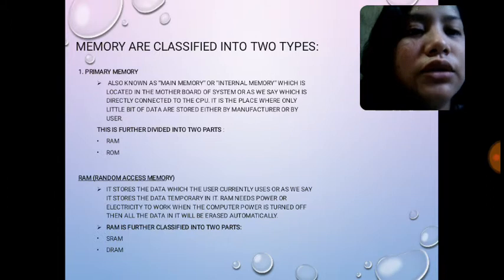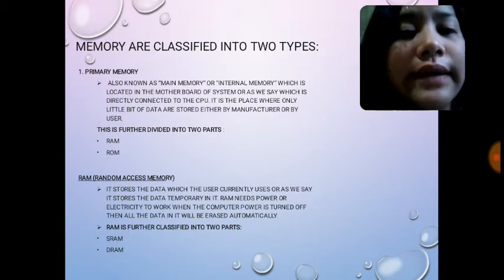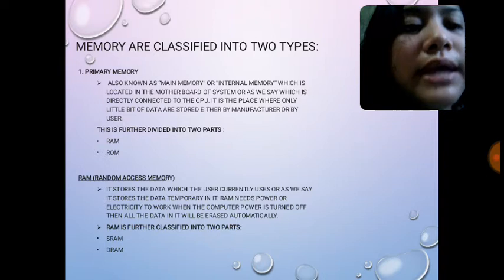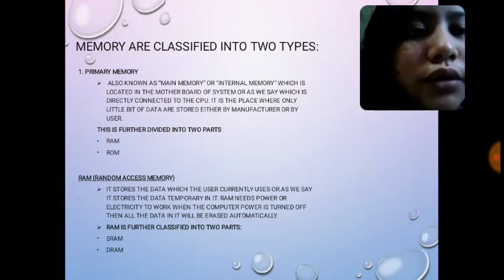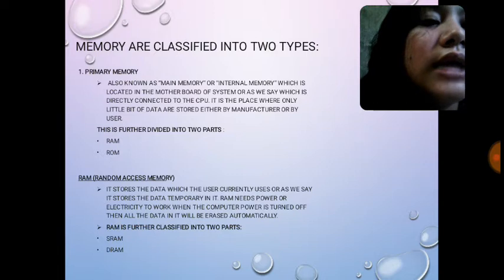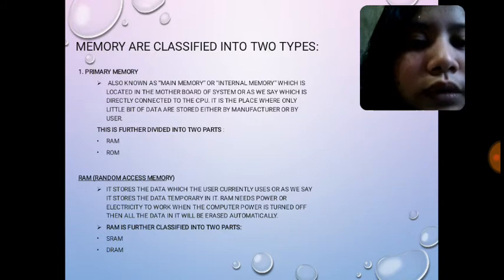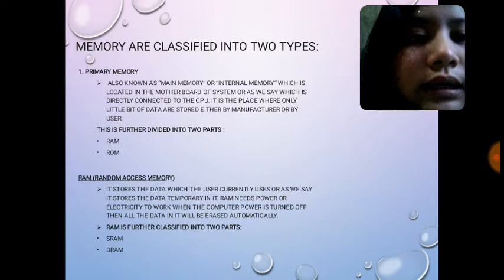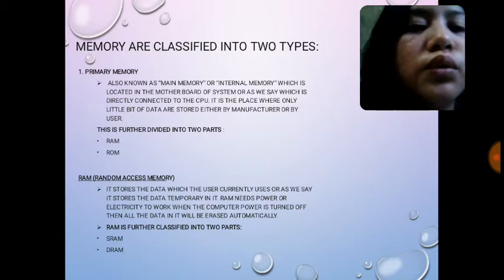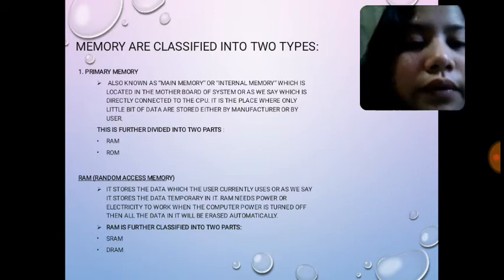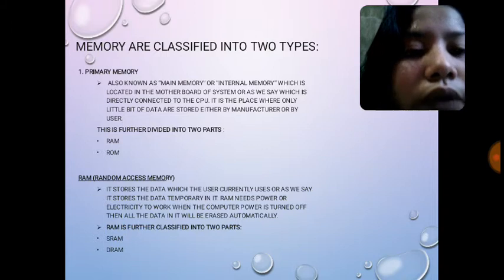Memory is classified into two types, primary and secondary. The primary, also known as main memory or internal memory, is located in the motherboard or system, and is directly connected to the CPU. It is divided into two parts, RAM and ROM.